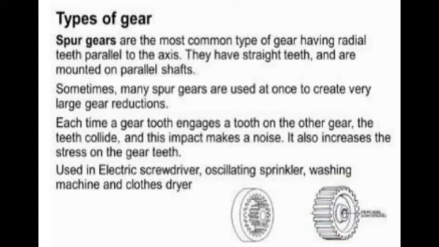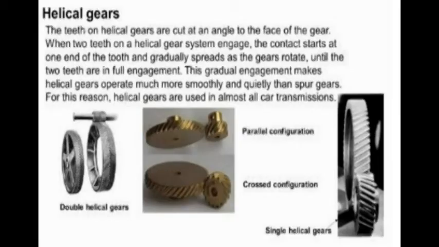The other type of gear is the helical gear. The teeth on helical gears are cut at an angle to the face of the gear. We can see here the teeth are at some inclination, some angle is provided.